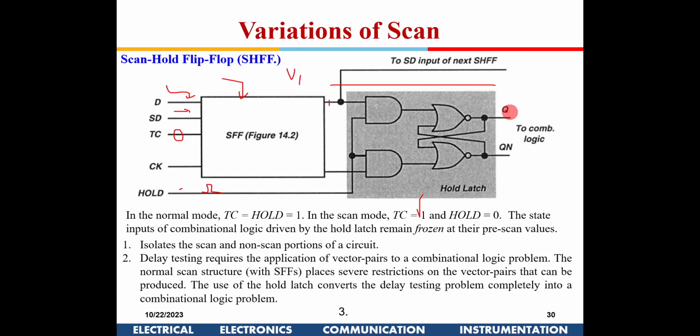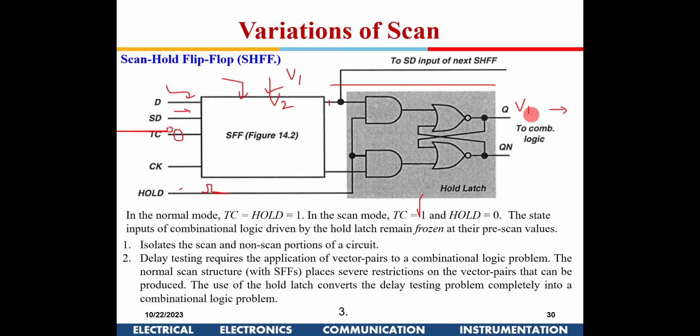Now when it goes high, the first test vector is available here, and that is applied to the combinational logic. Okay, and this hold signal has gone low. Now I can again put TC back to 0 and start scanning in the next test vector. Okay, while the new test vector is being scanned in, this combinational logic will settle down with V1. Okay, so no change is being applied to the combinational logic.